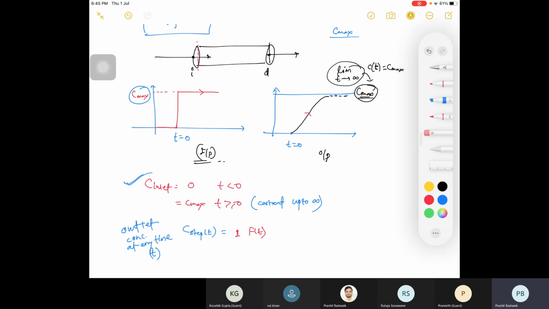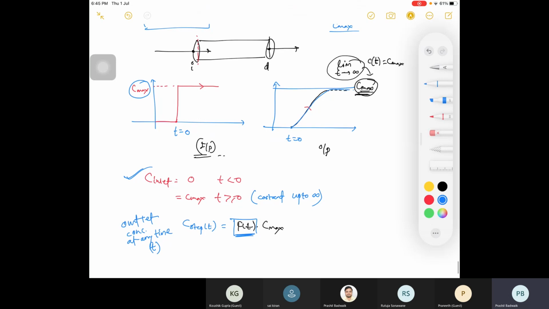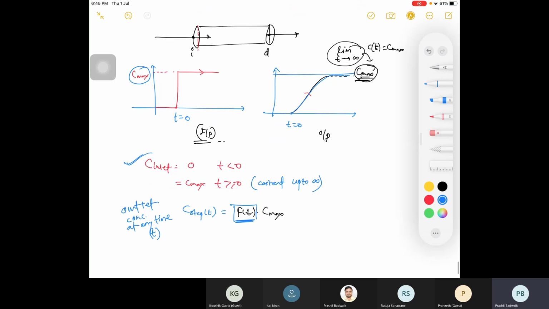Suppose it is your C max, then this will be F of t times your C max value, right? At any time you are trying to reach your maximum value. So this is your curve, and F of t is represented here. So C step of t at any point equals C max times F of t. You need to keep this in mind.